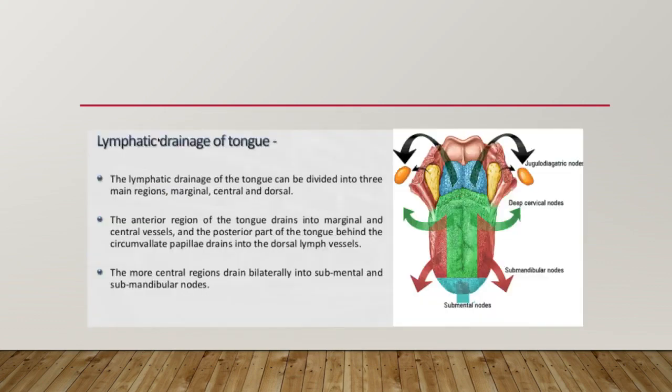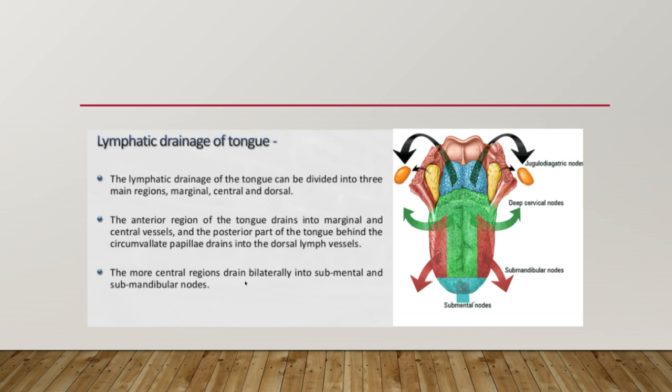Coming to the lymphatic drainage of the tongue. The lymphatic drainage of the tongue can be divided into three main regions, which you can see in this very nicely colored picture: the marginal, the central and the dorsal zones. The anterior region of the tongue drains into the marginal and the central vessels, whereas the posterior part of the tongue, behind the circumvallate papillae, drains into the dorsal lymph vessels.